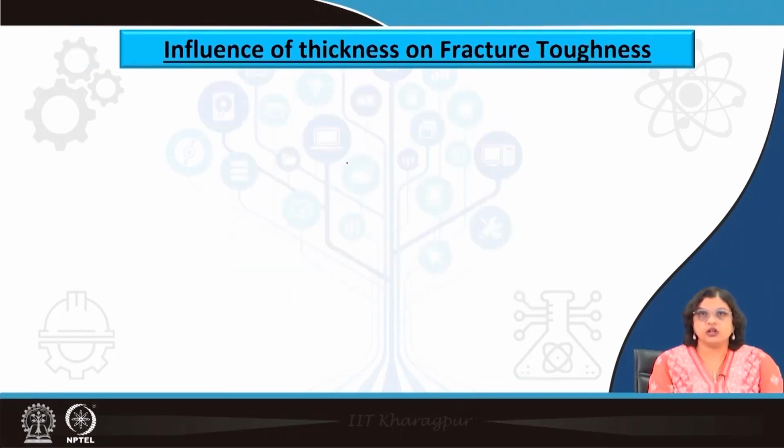That can be understood by its relation with the plastic zone size as well as the thickness of the specimen. We will elaborate more on that. The thickness of a specimen has a big role to play in the fracture toughness. This may not sound familiar to all of you, but if we think about the influence of thickness on the plane stress and plane strain conditions, we should be able to understand this.